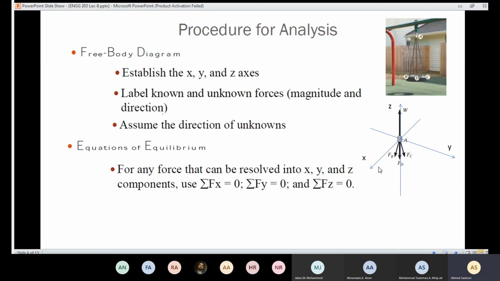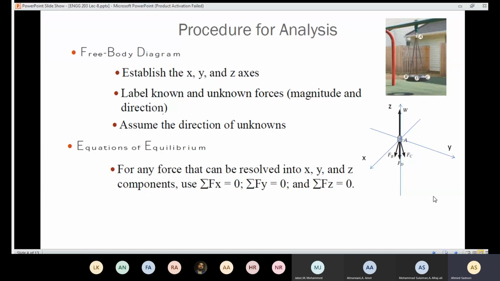And in order to solve it, I need to express all the forces as Cartesian vectors. If you remember, when we dealt with Cartesian form, we said that using Cartesian form is convenient, especially when we are dealing with three-dimensional problems.